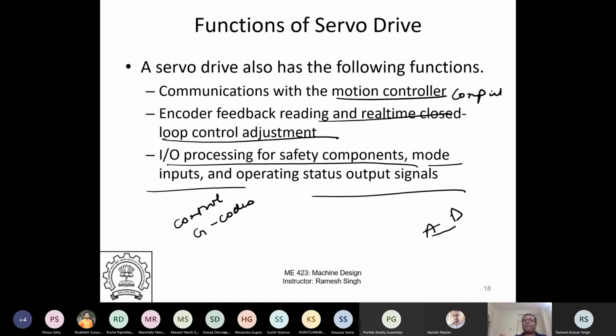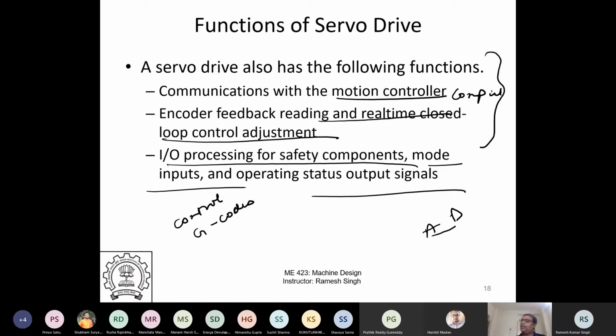This is interpreted and passed on to the servo drive. The feedback will come from the encoder, telling it to go faster, or that you have reached, so stop. All these signals come, and the driving is done by the servo drive.